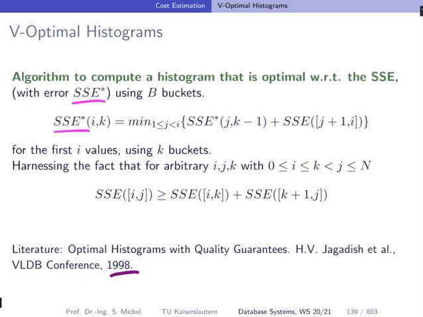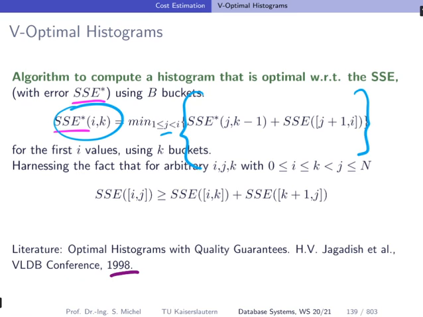Okay, now this is like the most important part: how do you define this? Because then the algorithm follows quite naturally out of this. So the SSE star I, K, so the first I values and K buckets, is defined as the minimum over, parenthesis opening and closing, the following.